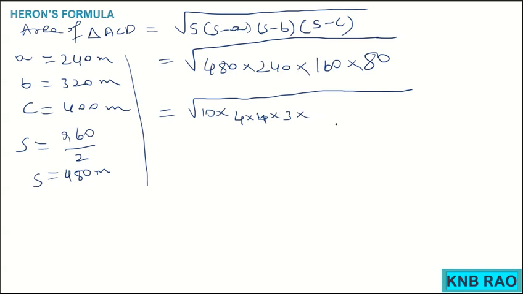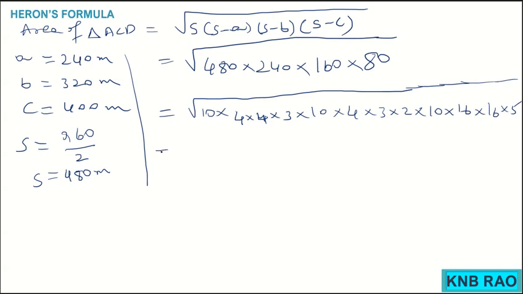Next, 240 can be written as 10 into 4 into 3 into 2. It is 24. 16 is 10 into 16. Next, 80 is further 16 into 5.